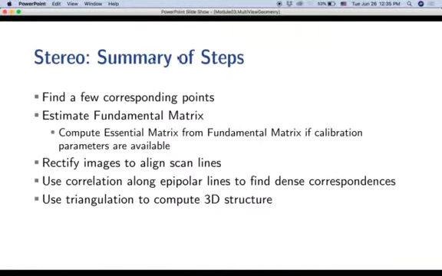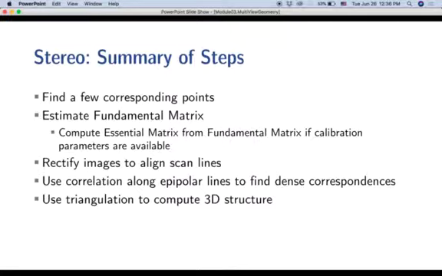Okay, so here's a summary of a full stereo algorithm. Using some sort of matching algorithm, we first find a few corresponding points. From those corresponding points, we try to estimate the epipolar geometry, and we'll see that the epipolar geometry is actually encapsulated in a matrix which is called the fundamental matrix or the essential matrix. I'll come to that. But that's just a way to find which lines correspond to which lines. Then I apply rectification.